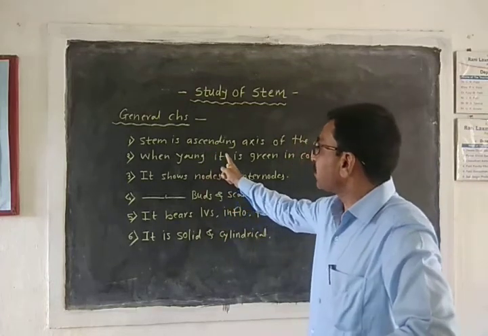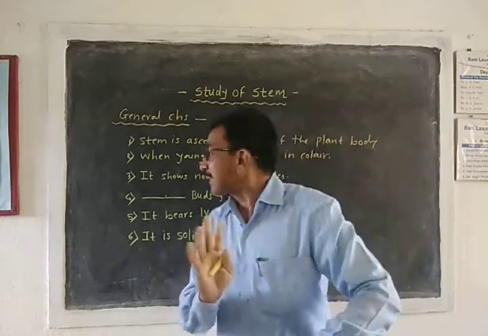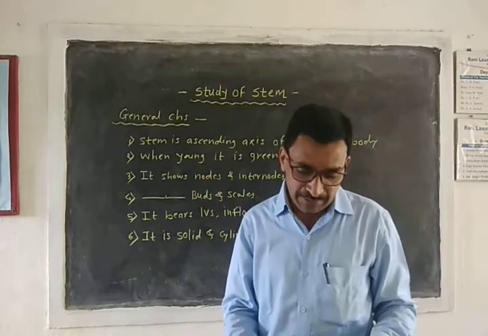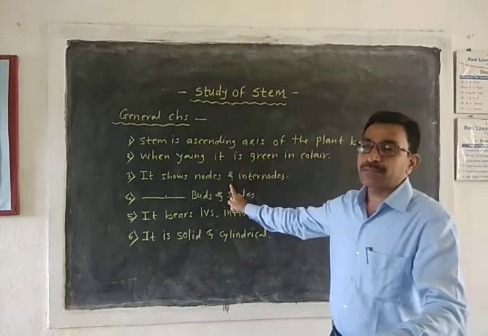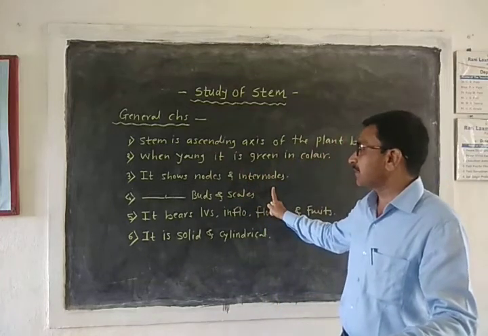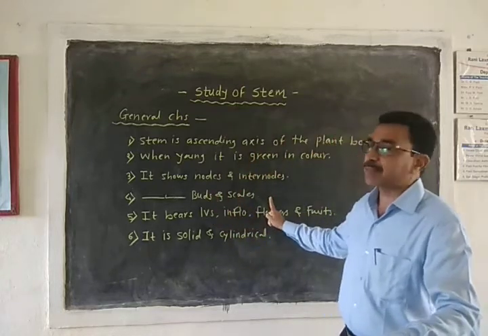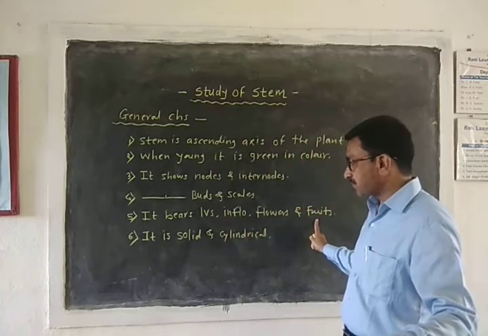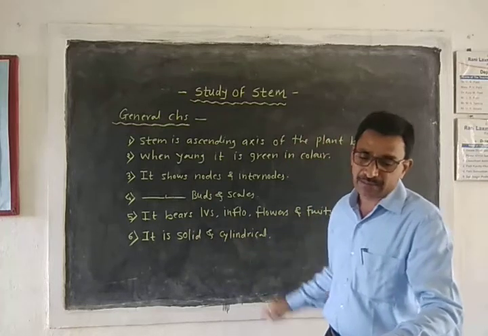The first is ascending axis of the plant body. The second is that when stem is young, it is green in color. Third, on the stem there are nodes and internodes. On the stem there are also buds and scales. Stem bears leaves, inflorescence, flowers and fruits. And stem is solid and cylindrical.